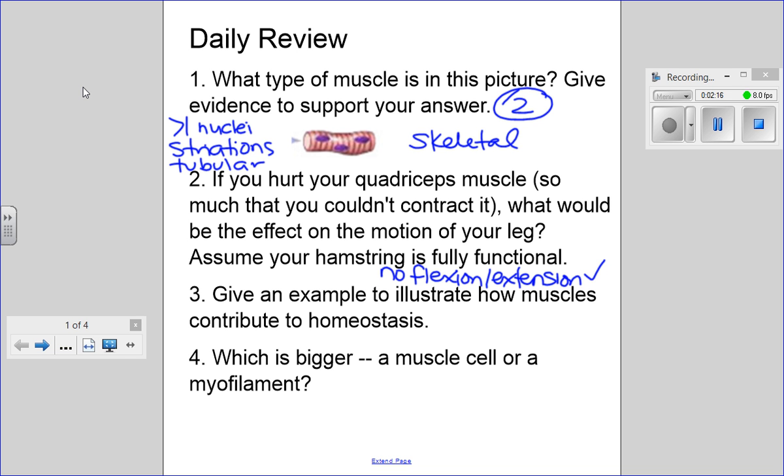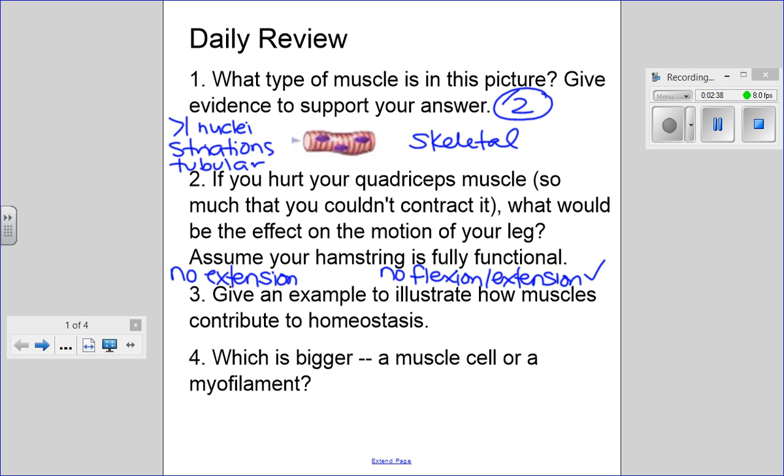Now, if it can't contract, that means that I can't relax it either. That's the inference here. Since we haven't fully discussed what actually happens when a muscle contracts, I'm going to accept 2 different answers here. The other answer I'll accept is if you simply said, I could not do extension.